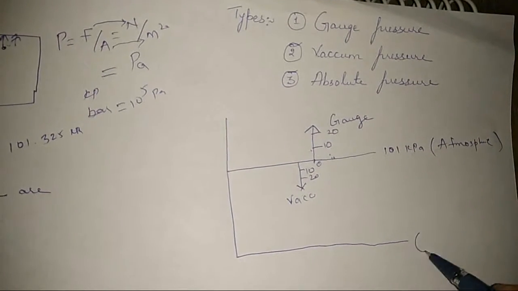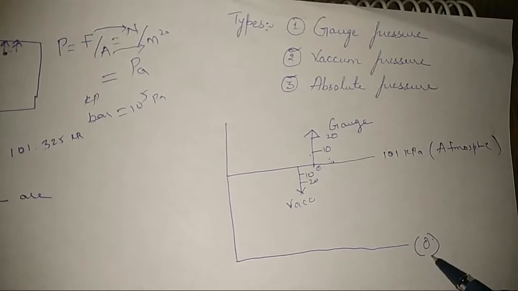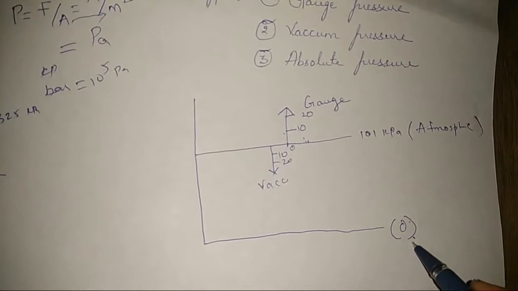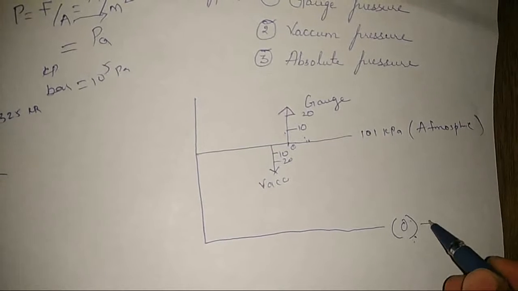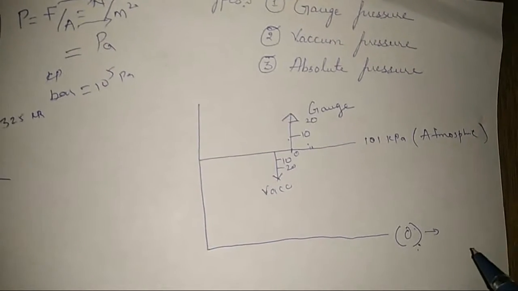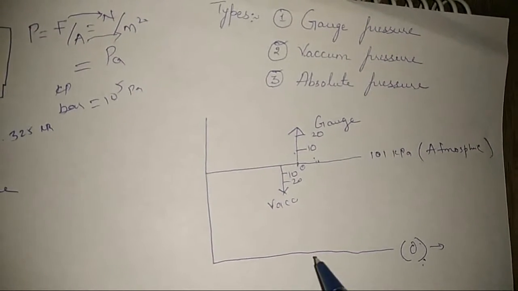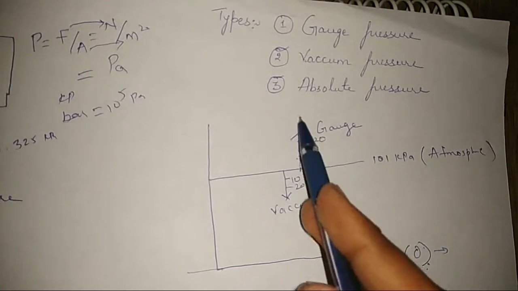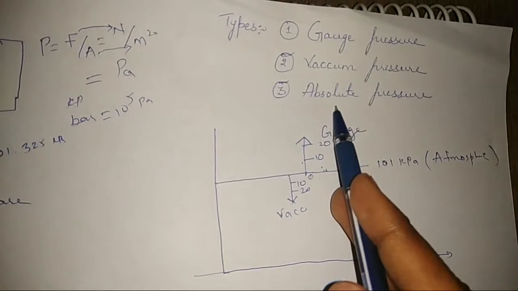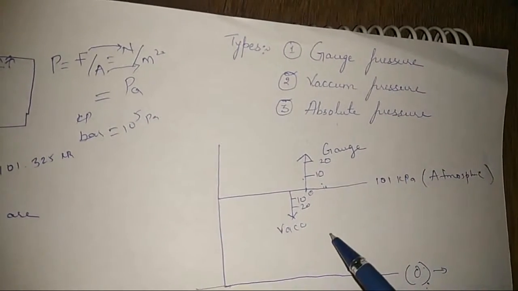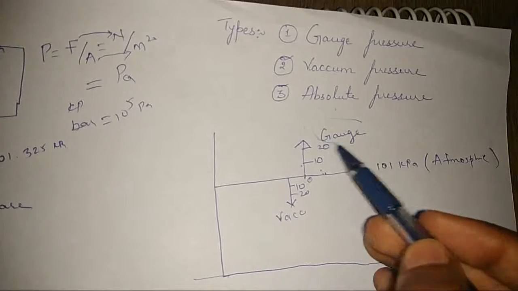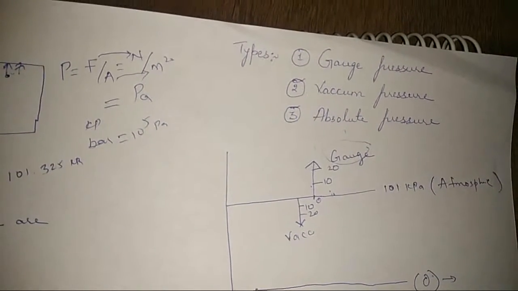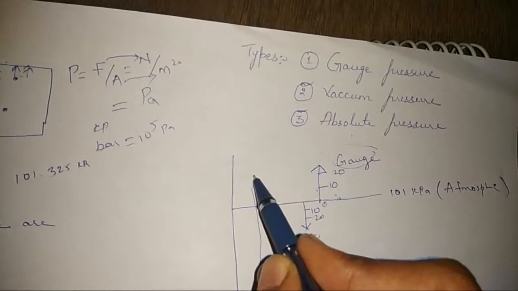Now, actually this is the zero reference line, meaning there is no pressure, zero pressure here. If we measure the pressure taking this as the reference line, we term it absolute pressure. Suppose we want to convert this gauge pressure into an absolute pressure. We take this as the reference line, go above and up to here.